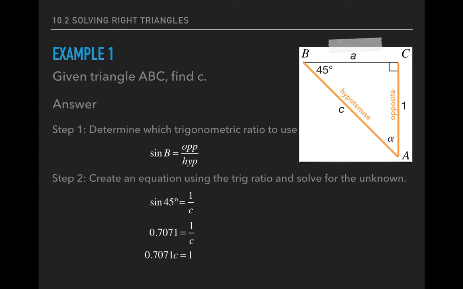To get C by itself, you'll divide 1 by 0.7071, and that should give you that C is equal to 1.4142. Please check in your calculator that you can do this. It's really important that you're able to type this in. And if you're not, make a little note in the margin so I can help you.